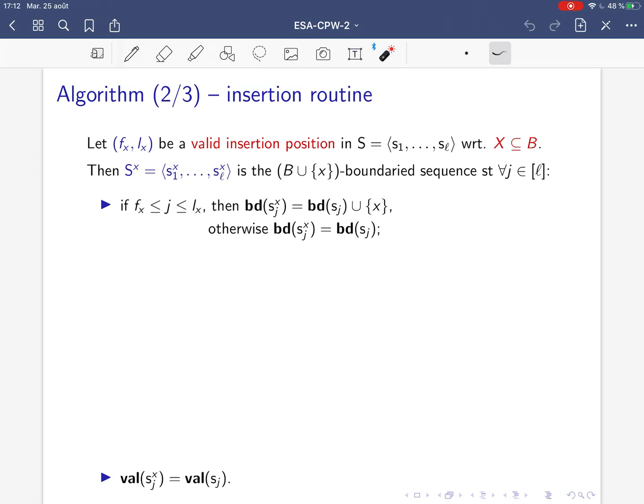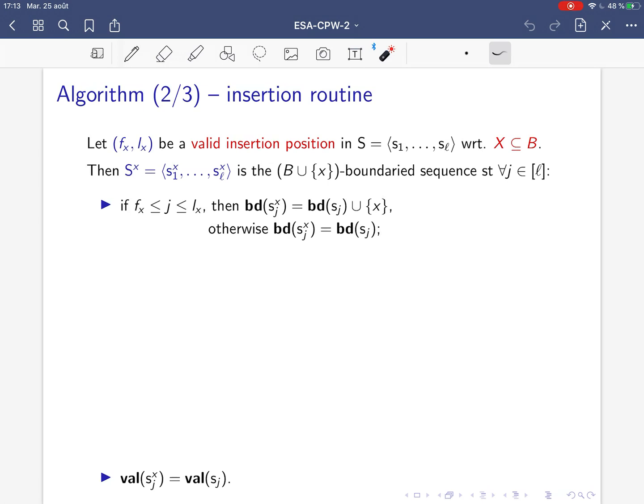So now the trick is to compute the three components. For the boundary, this is simple, this is just what I said. If you are in the interval, you add the vertex x. If you are not in between the two insertion indexes, it remains the same.